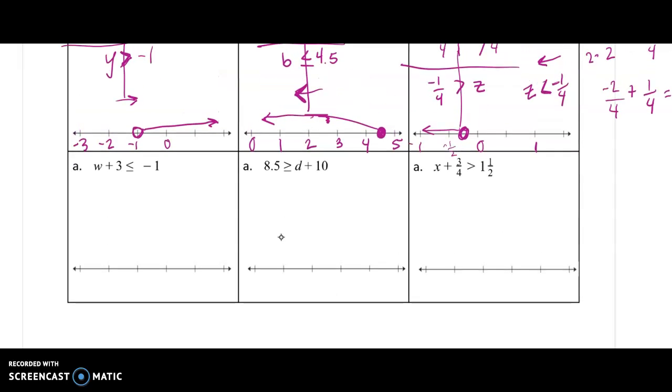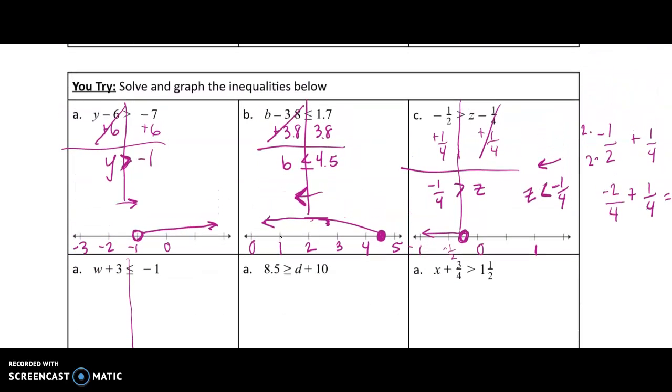All right, let's draw that line down the equal sign. Actually, let's go up here really quick and talk about it. So when we had -1/4 is greater than z, that means that -1/4 is the largest it can be, which is why everything below is less than. So that's where z's at. So z's somewhere over here.